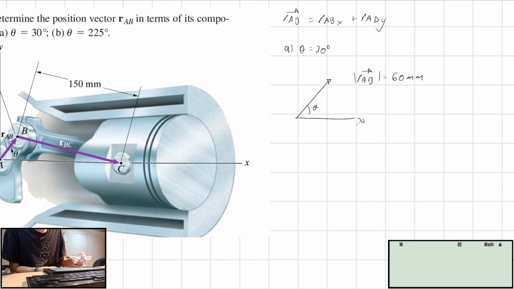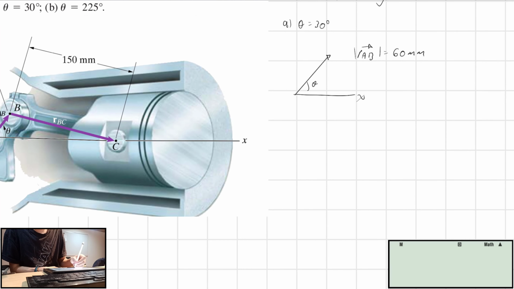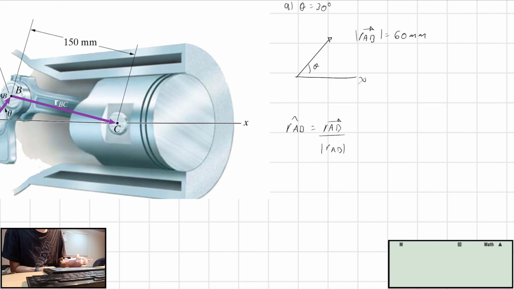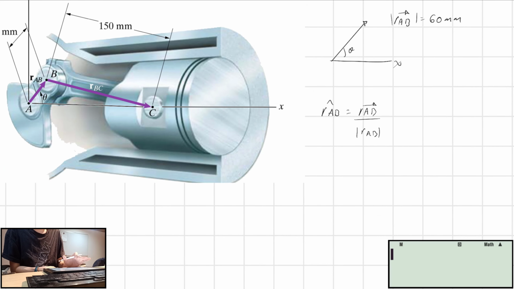Alright, so as you may remember, the unit vector is going to be equal to the vector divided by the magnitude, right? I can look for the unit vector taking into account just the angle.